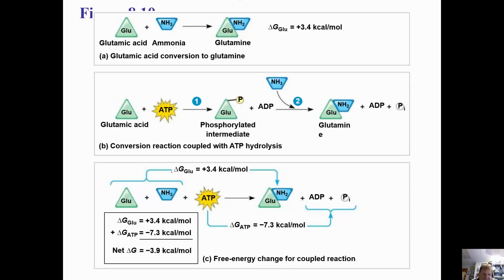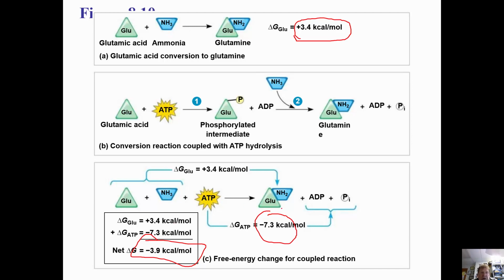So here's an interesting slide. In order to add another ammonia onto glutamic acid to make glutamine requires a positive 3.4 kilocalories per mole. ATP gives us a negative 7.3 kilocalories per mole, and so we have a net of negative 3.9, right? So hey, why can't we just use it twice?